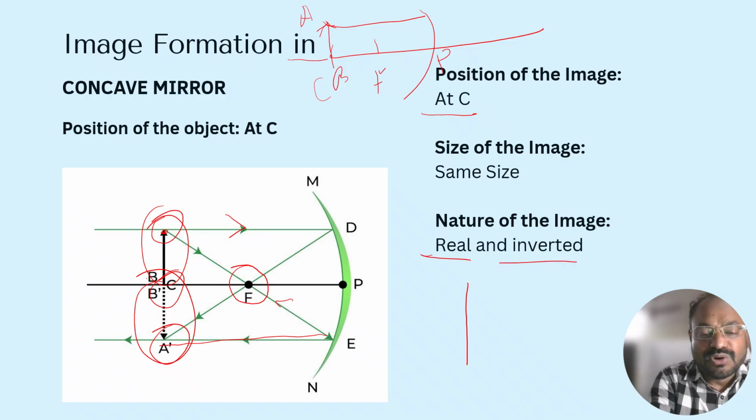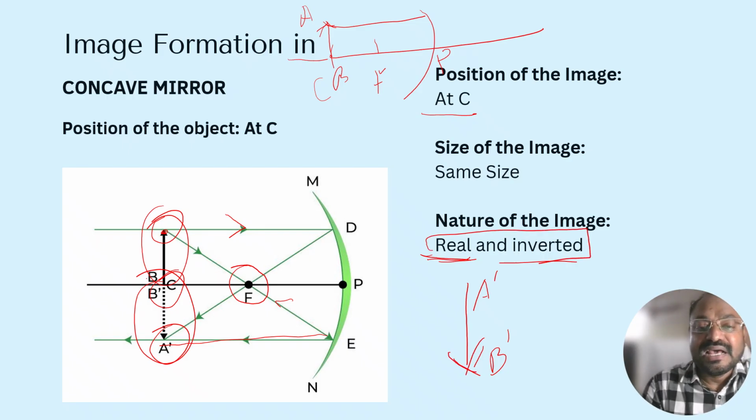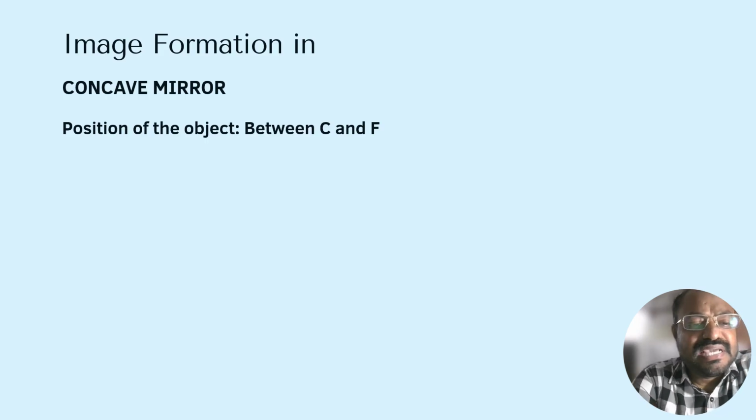Since the image is in the downward direction, it is real and inverted. If it is erect, it means it is virtual and erect, whereas it is downward, so it is going to be a real and inverted image.